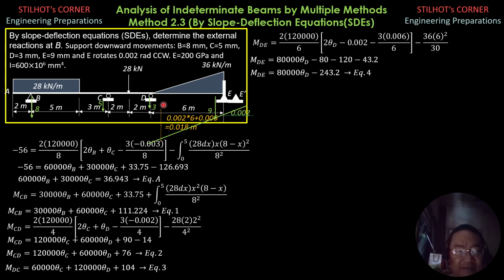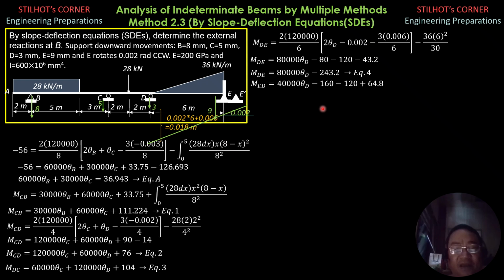And finally, MED, it is supposedly 2 times of this, so 40,000 theta D. Then we already calculated this. So minus 160 because this is doubled, 2 times negative 0.002.